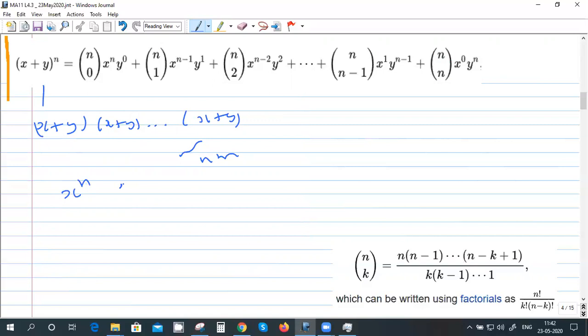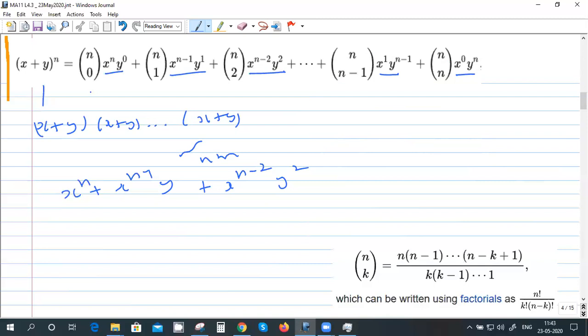The other term will be x raised to the power n minus 1 y. I take x in n minus 1 factors and y in 1 factor. And similarly, I'll get another term as x raised to n minus 2 y square. If you sum the powers of x and y, it will always be n. So that's what is happening here. Is that clear?